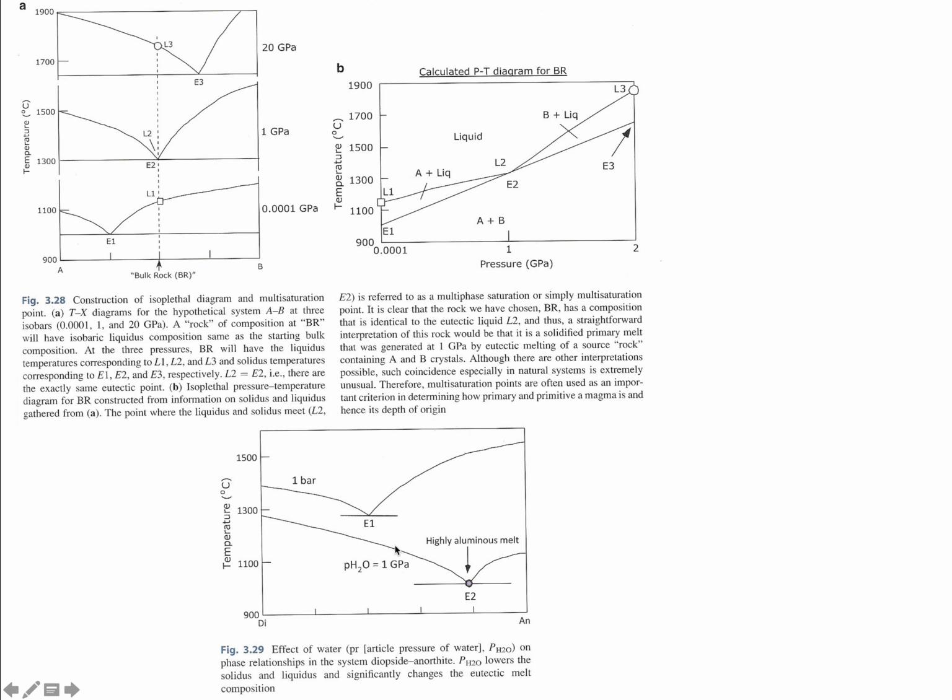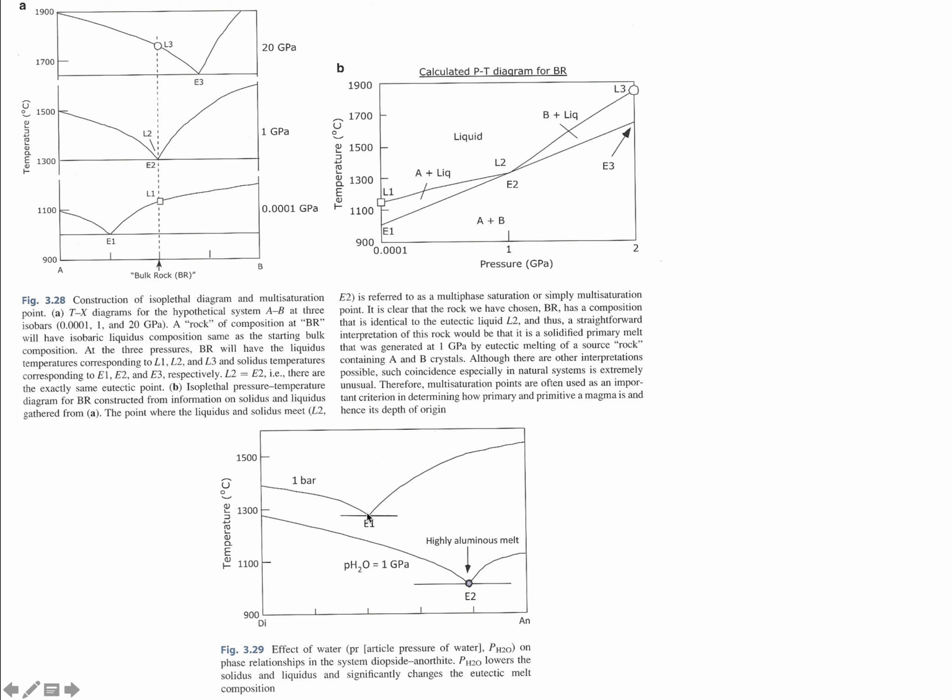And here we are moving to a higher temperature. Here we have water pressure, that is now the influence of water, so the water pressure of 1 gigapascal. We are going down, and at 1 gigapascal we have here an eutectic point number 2 at lower temperatures.